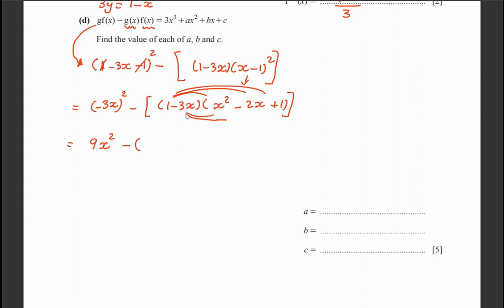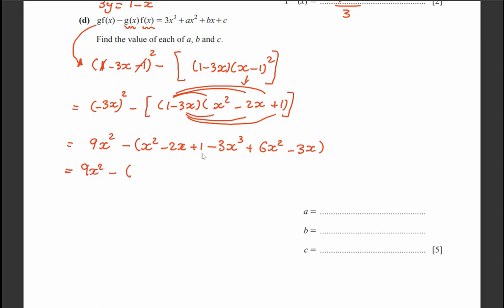Then after that, distribute the negative 3x. So it will be x squared minus 2x plus 1. Then negative 3x multiplied by x squared is negative 3x cubed. Then positive 6x squared, minus 3x, equals 9x squared.